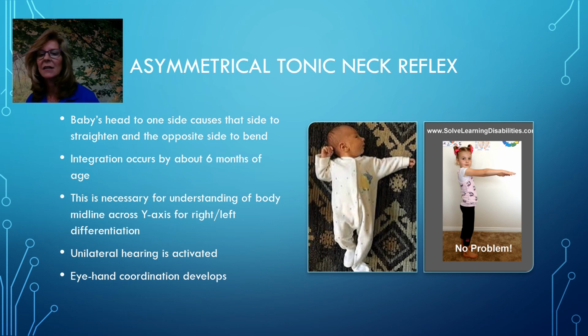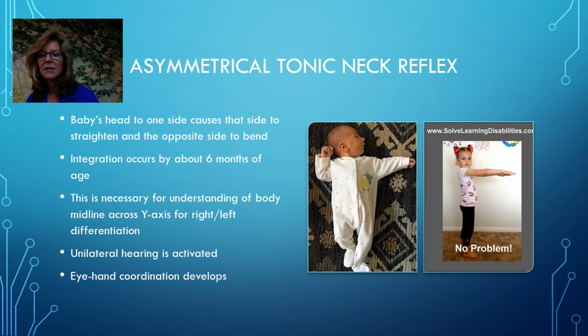When children are in this ATNR position, they are activating their hearing on the side where the head is turned. And so unilateral hearing becomes activated, and the vestibular system is also activated on that side. And also ATNR helps us with development of eye-hand coordination.